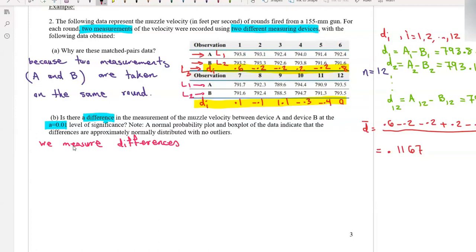So I'm writing what formula we use to find difference: D_i equals A_i minus B_i. Here i goes from 1, 2, and we had our sample size was 12, so this is up to 12.